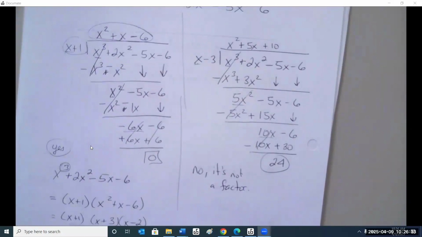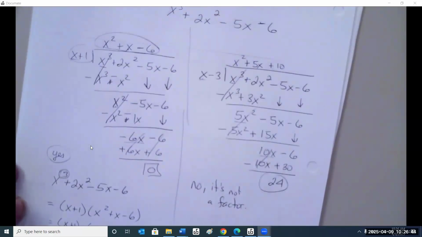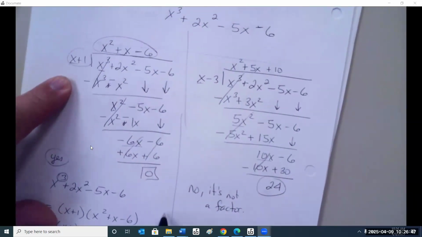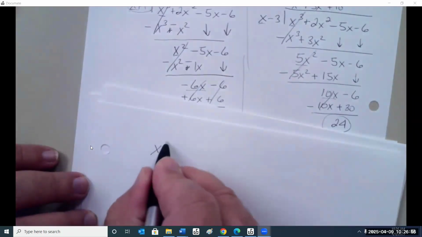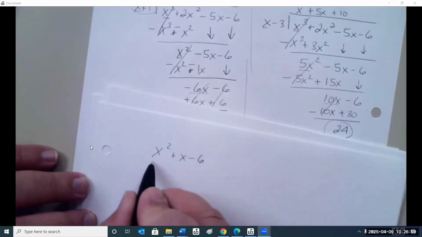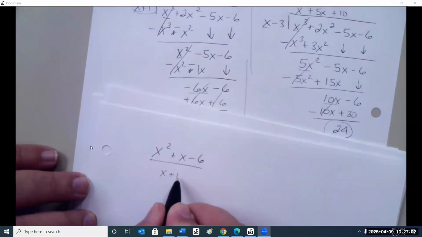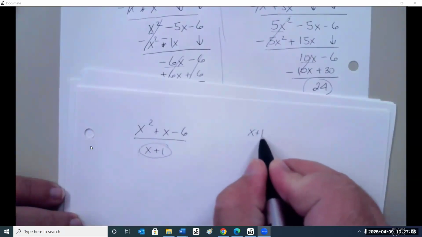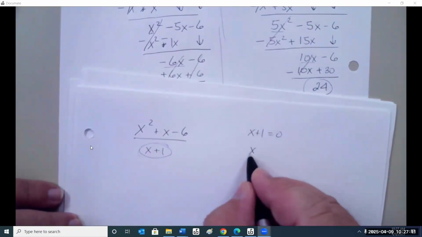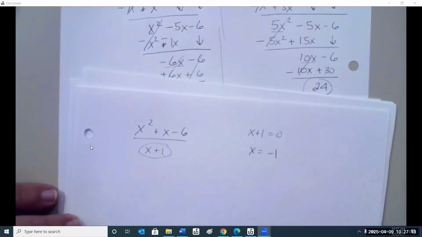But here's something even more cool. I know I'm probably jumping off script here, but this is what I think is really cool. In the first example, we had x squared plus x minus 6 divided by x plus 1. If we took the denominator and solved it, what are we going to get? -1.